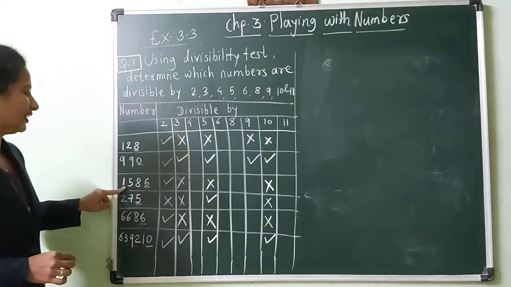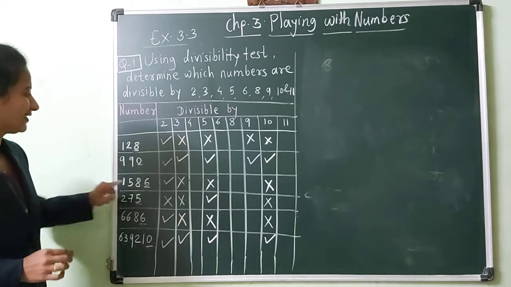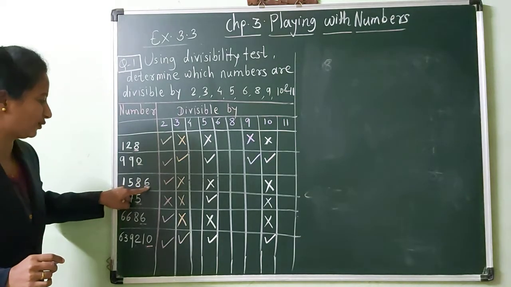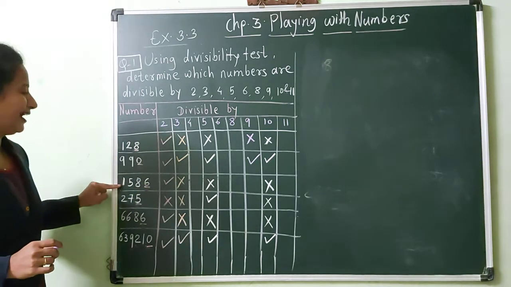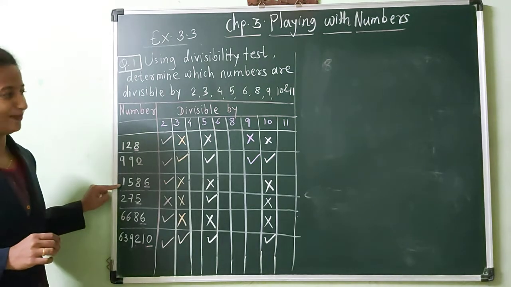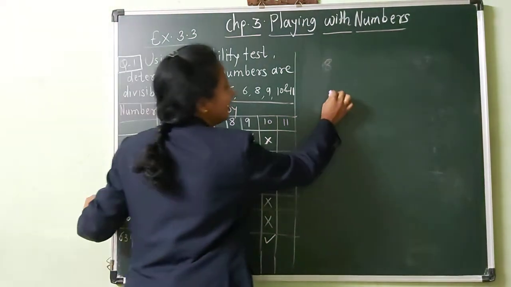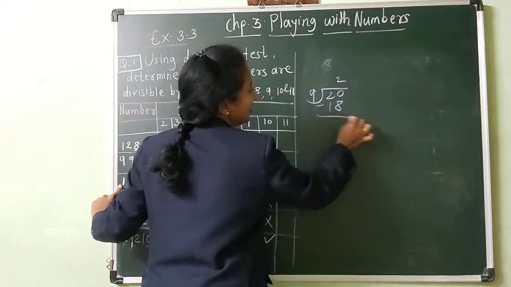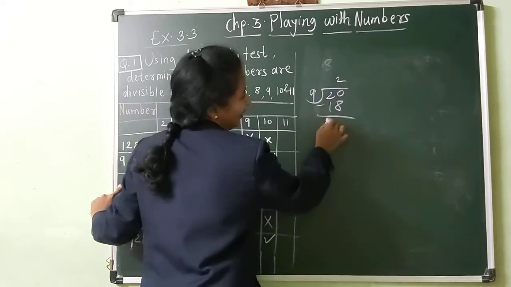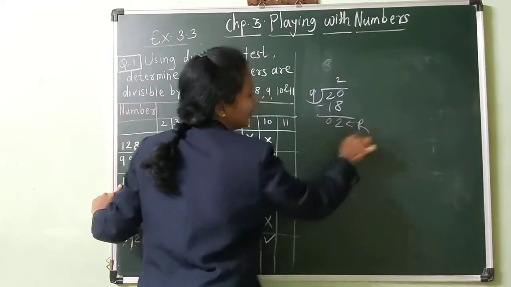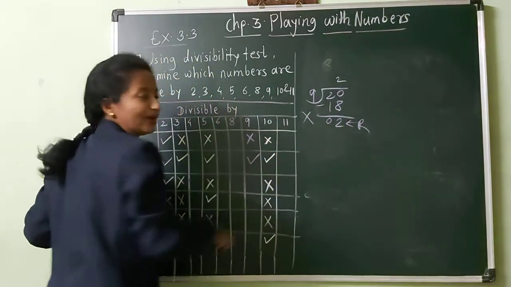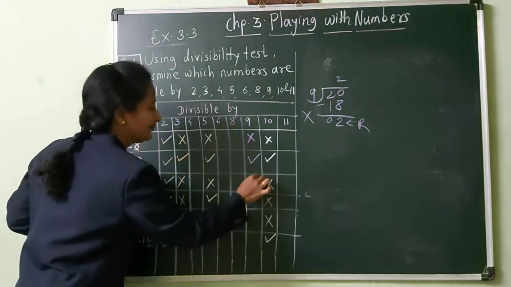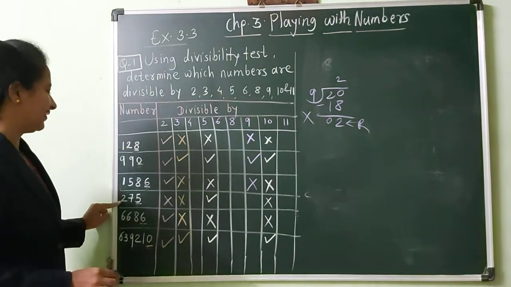In the next number, 1586, the sum of all digits is 5 plus 1, 6, 6 plus 6, 12, 12 plus 8, 20, and 20 is not divisible by 9. 9 2s are 18. Here you will get 20 minus 18, remainder 2. So this number is not exactly divisible by 9.